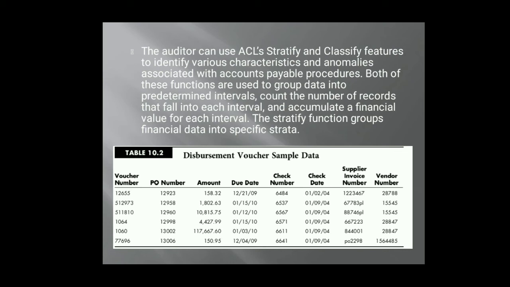Both of these functions are used to group data into predetermined intervals, count the number of records that fall into each interval, and accumulate the financial value for each interval. The stratify function groups financial data into specific strata.